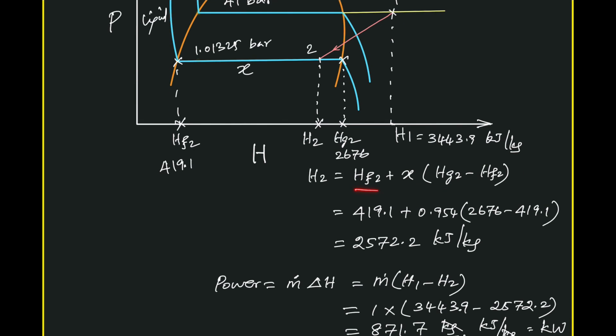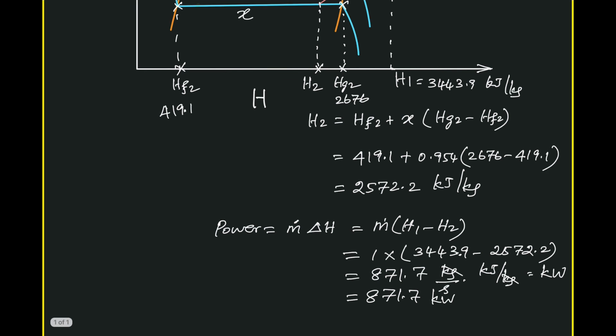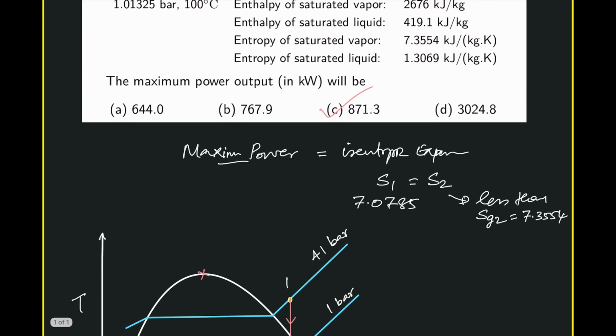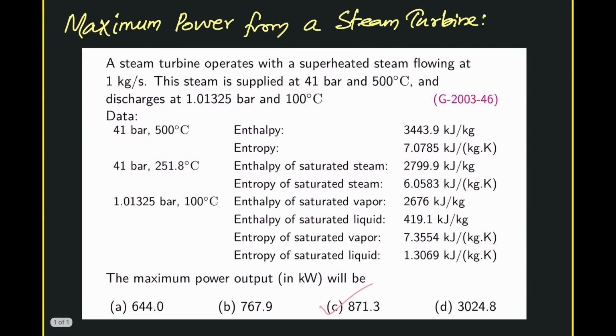H2 is the enthalpy of saturated liquid plus the fraction times the enthalpy of saturated vapor minus the enthalpy of saturated liquid. This difference is actually the latent heat of vaporization. From this we have the H2 value, and power is simply m into delta H, giving 871 kilowatt. So the answer is C. Answer option is C. Hope you could have some learning from this problem. Thank you.